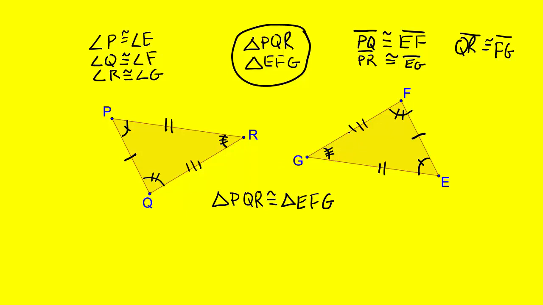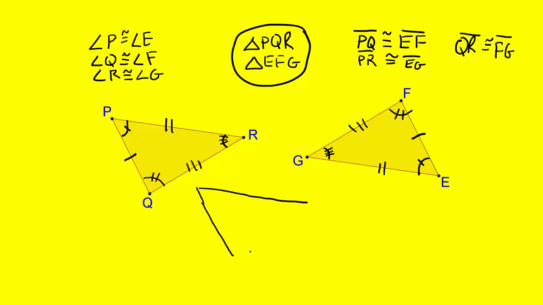And then the other thing that I wanted to point out is that, let's say you did set this up this way, once you identify everything that corresponds, you could take your second triangle or your first triangle, doesn't really matter, and you could redraw it so that they're oriented in the same way, like we did in the previous example. Since I know P matches up with E, Q and F match up, and R and G, those angles are all corresponding, I can try my best to redraw this triangle to look like the first triangle.